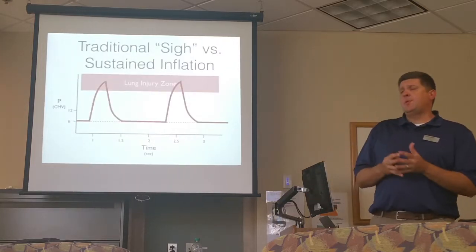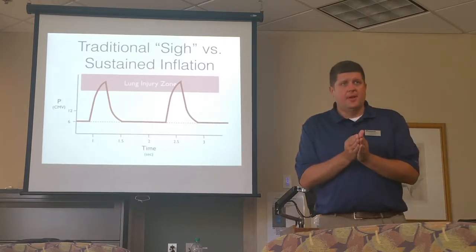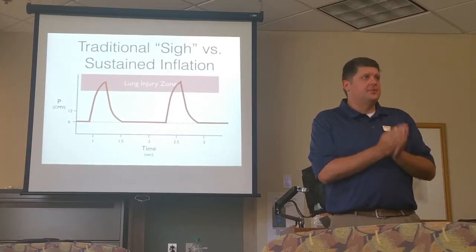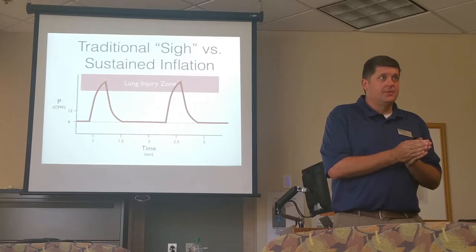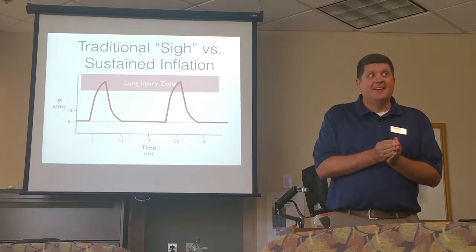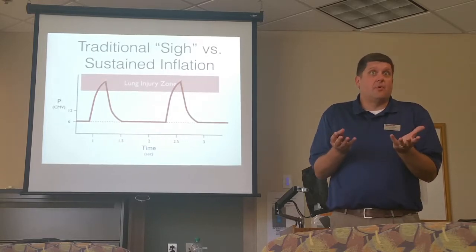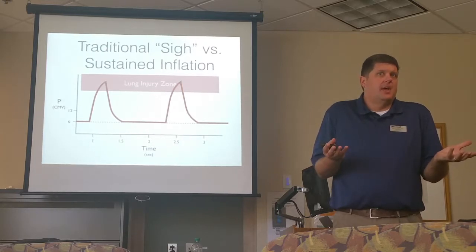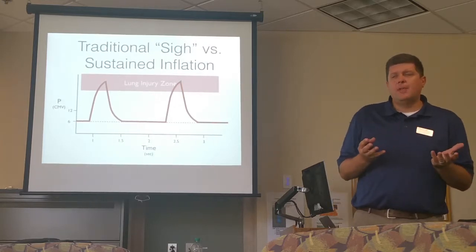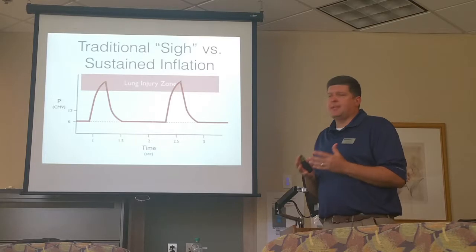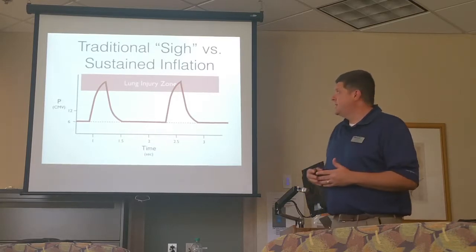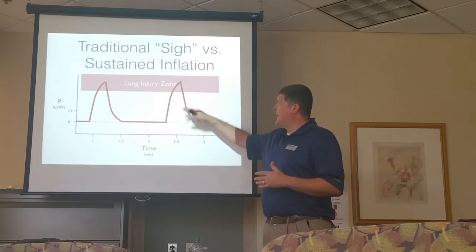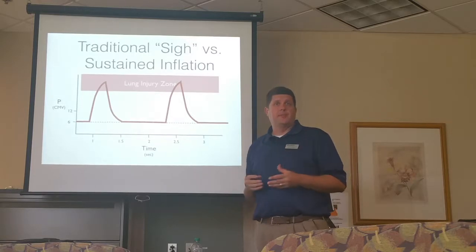Now, the thing with the sigh breaths though is, remember, they are normal conventional ventilator breaths, which means we can have a PIP that's too high, which means we can possibly give more volume than what the baby needs. Traditionally, how we've approached the sigh breaths is to give a high PIP over a short period of time.